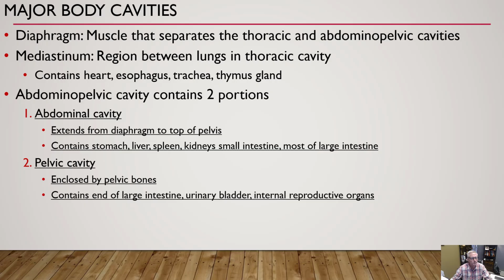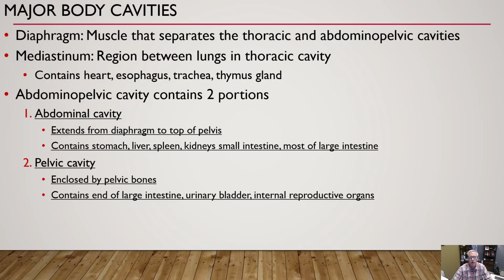All right. So your diaphragm, that's your breathing muscle. And that muscle is going to separate your thoracic cavity, your upper chest cavity, from your abdominopelvic cavity, like your stomach area.